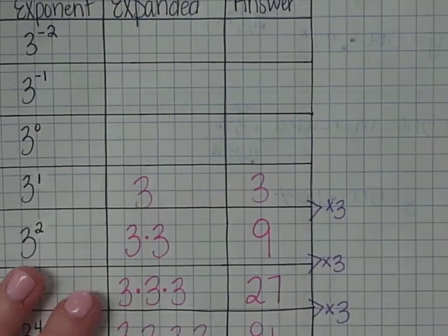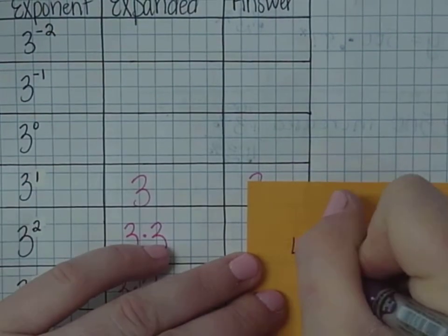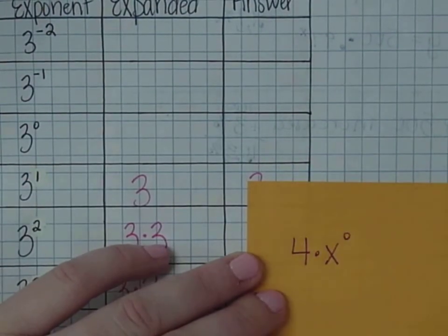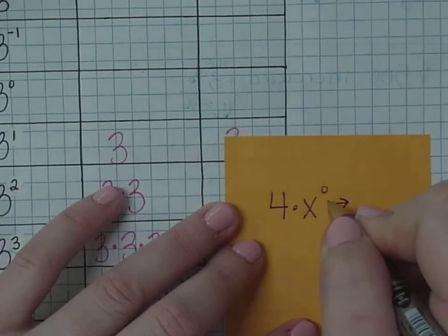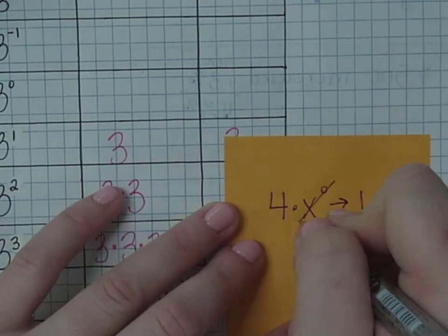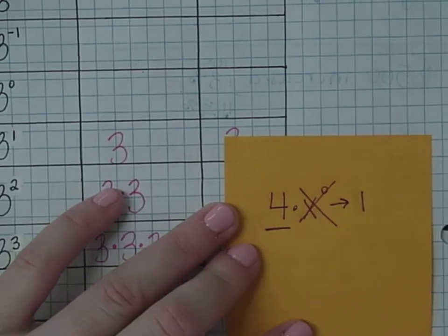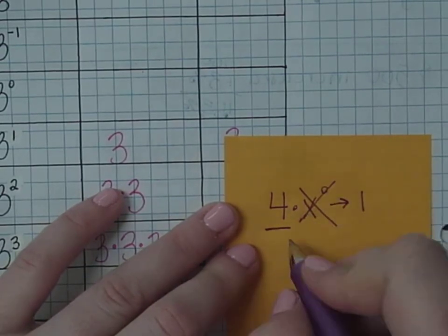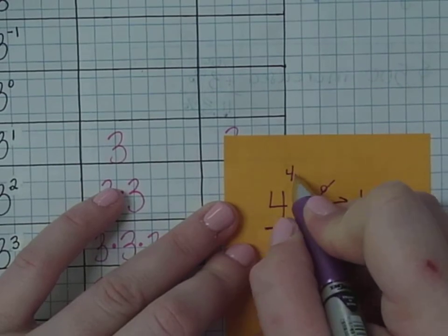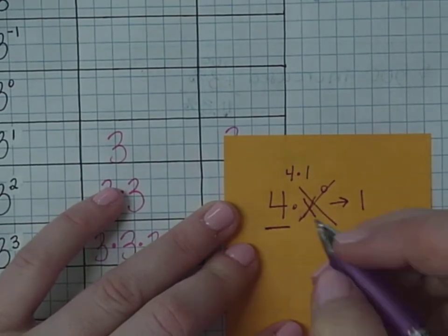The reason why is if I put something like 4 times x to the 0, anything raised to the 0 power is 1, so it pretty much just cancels out, and you're left with just the 4 here. So anything raised to the 0 power is always 1, so it would actually be 4 times 1, which is just 4.